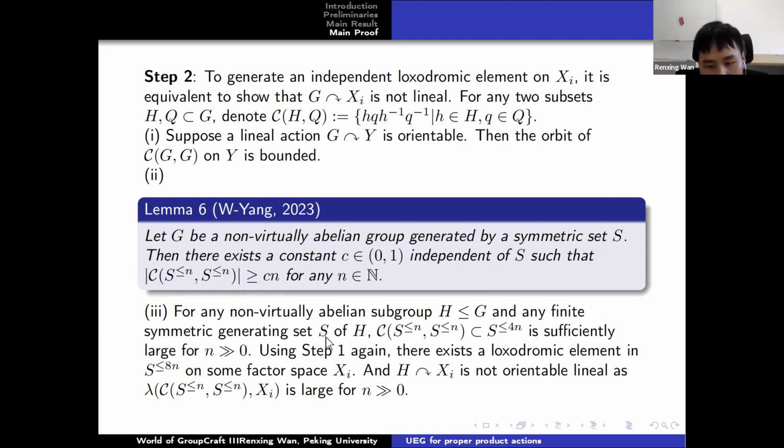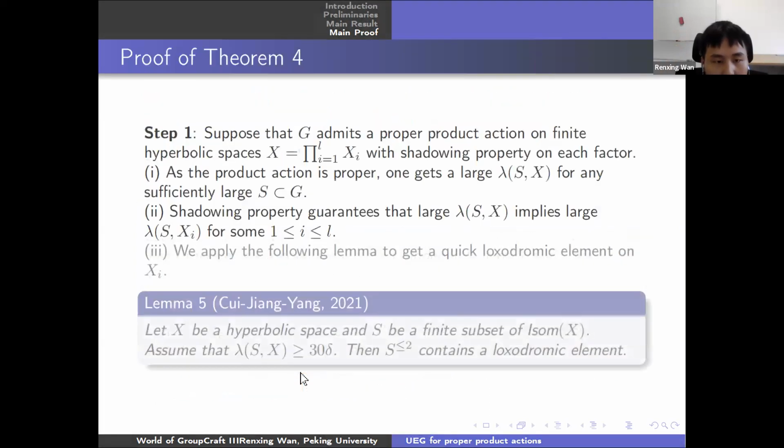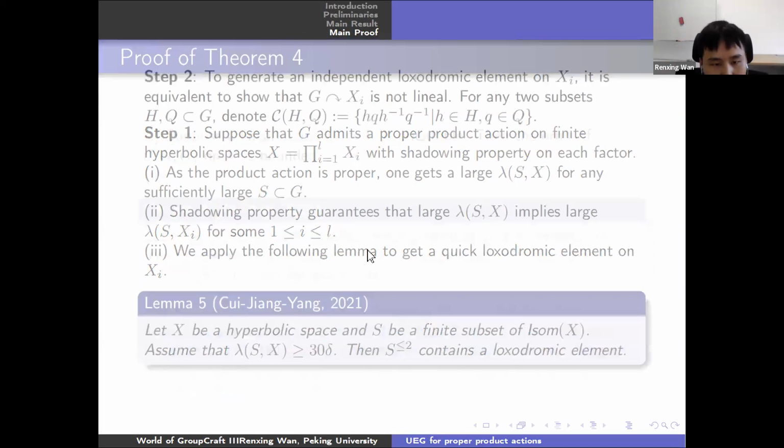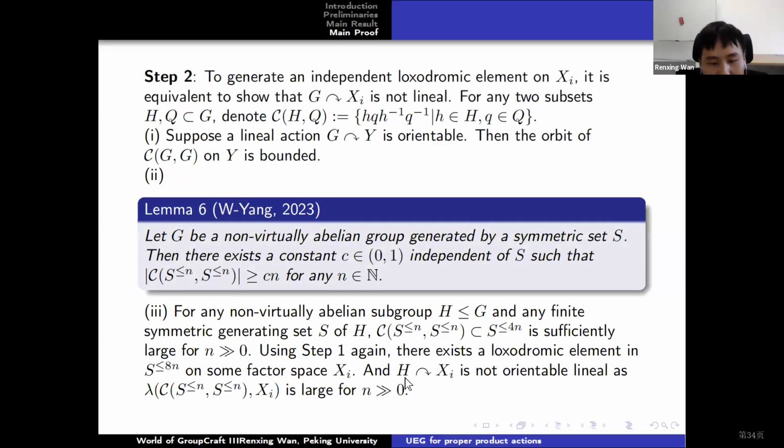There exists a loxodromic element in a large ball of radius 8n on some vector space xi, and step 1 says that the displacement of the commutator subset on the vector space xi is also very large. So we can get that the subgroup H on the vector space, the action cannot be orientable linear.